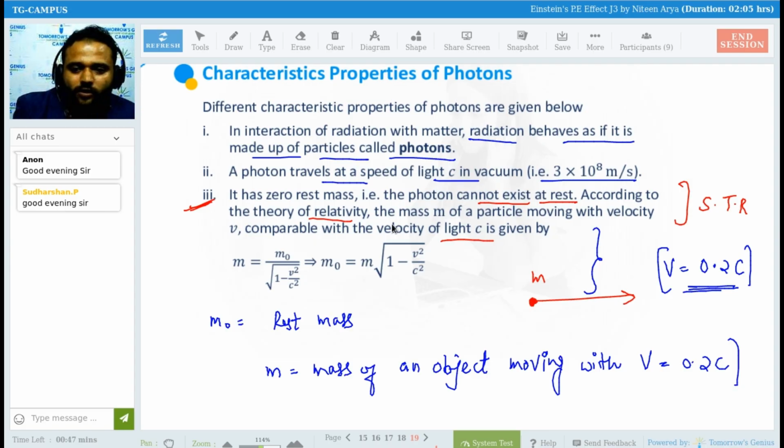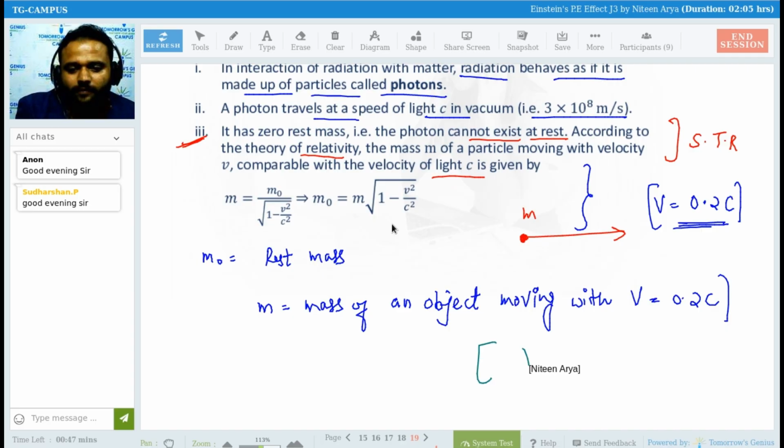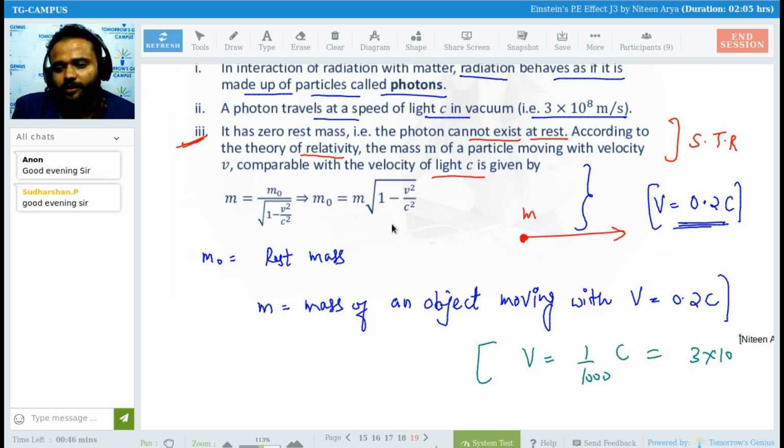Only if your velocity is related to this much. Even this much is very small, but still 1/1000 of c is 3 × 10^6 meter per second, which is 3000 kilometer per second, isn't it?